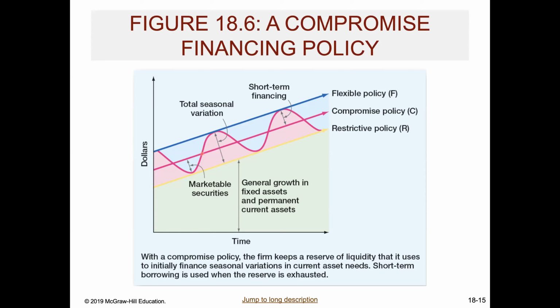So once we pass this line, we're going to use short-term borrowing. We'll talk about different types of short-term borrowing here in just a second. Each of these peaks will need to borrow money, which will then be paid back in the troughs, which will give us sort of an average, this compromise between the flexible and restrictive.